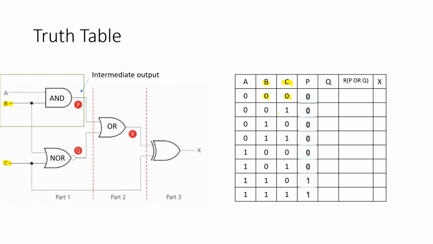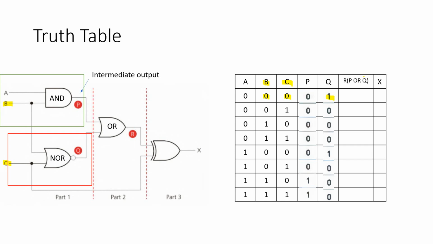So this is the only one which has both zeros. You see the only output which has 1 here is the first row. That's how we will be finding out our Q.